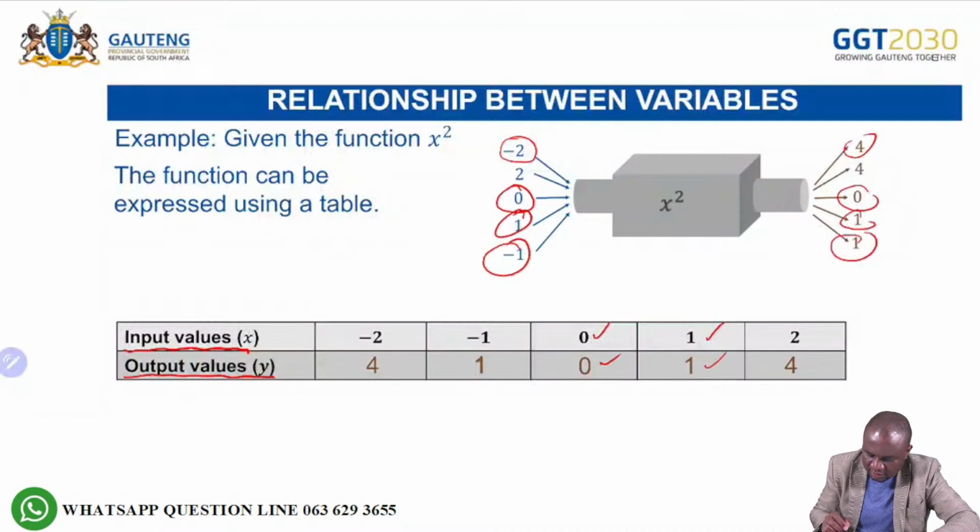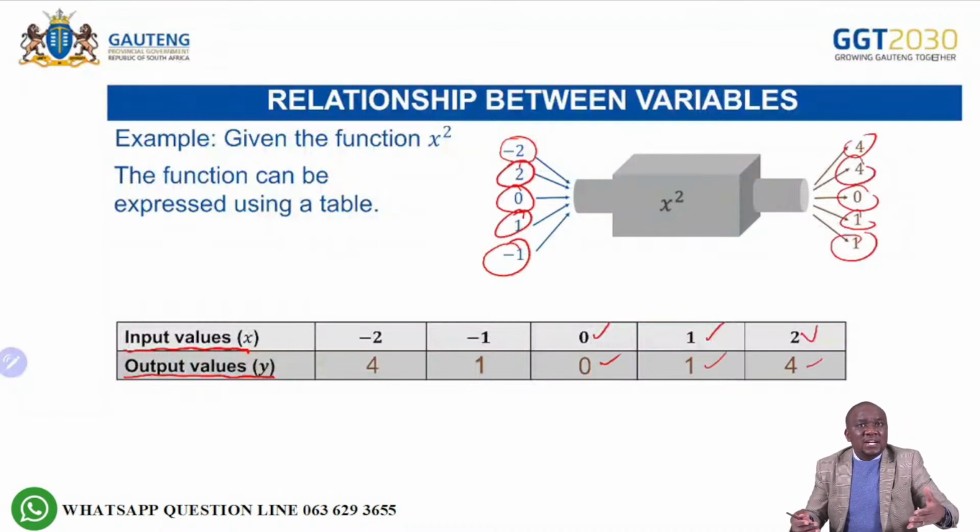Then 2 will give us 4. This is how you represent a function using a table of values. From the flow diagram to the table of values, or even from ordered pairs to a table of values, you should be able to do those things. Let me give you 1 minute to just make your notes.